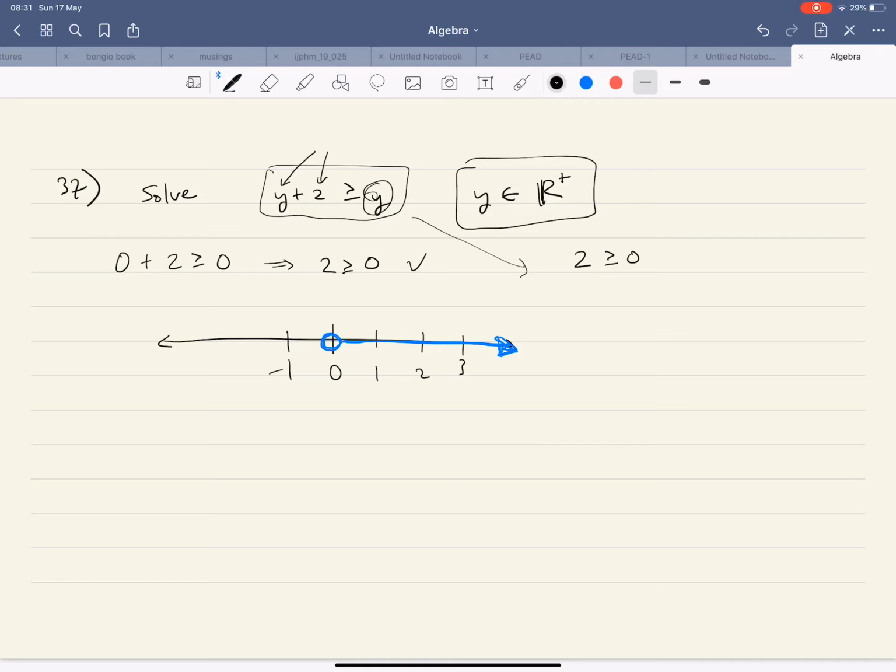Okay, let's do another example, which is going to be number 47.